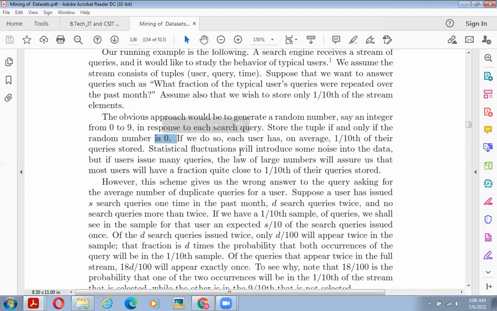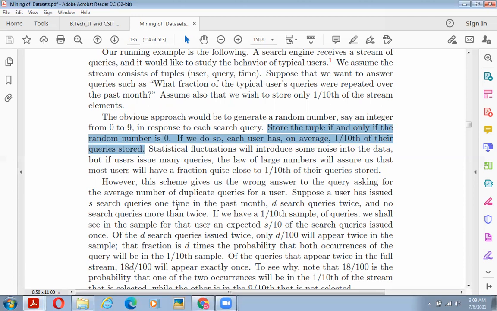If we do, each user has an average of 1/10th of their queries stored. So how will each user's queries be stored, with only 1/10th of each user's queries stored according to the given problem? So how will it be?